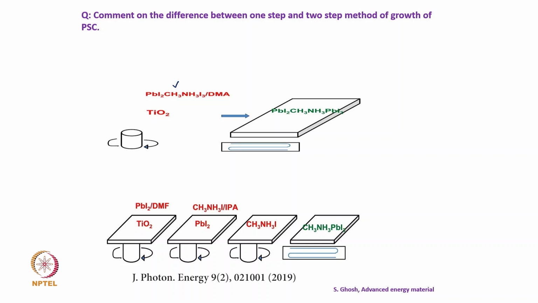You coat the entire PbI2 and CH3NH3I on the substrate, whatever is used to grow the perovskite material. In the double step method, you make two separate precursor solutions, where PbI2 is in DMF and CH3NH3I is in IPA, isopropyl alcohol.